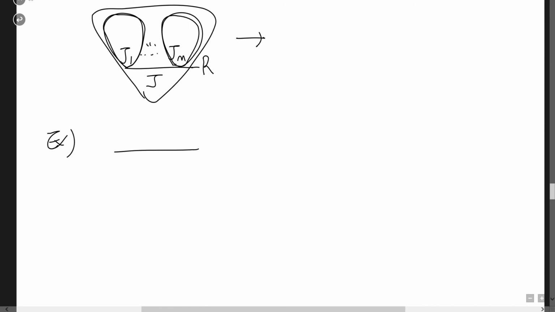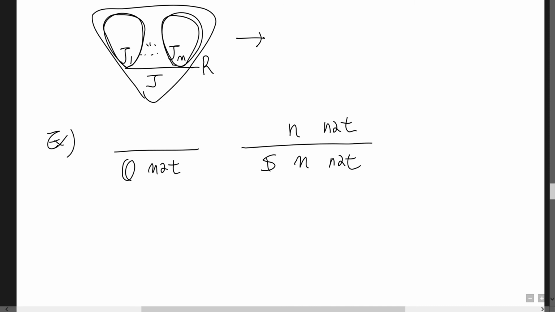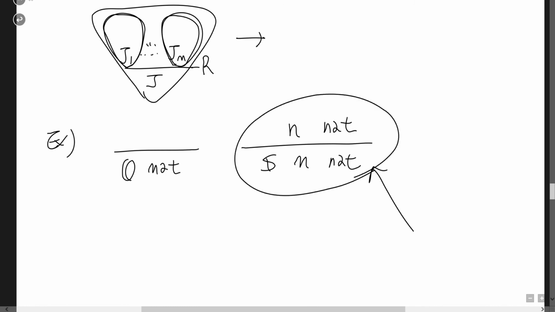Let's recall the inference rules for this judgment for natural numbers. So these two are the two rules for natural numbers. And if we analyze these two inference rules, we notice that this is the only inference rule that deduces a judgment of this form: successor n nat.